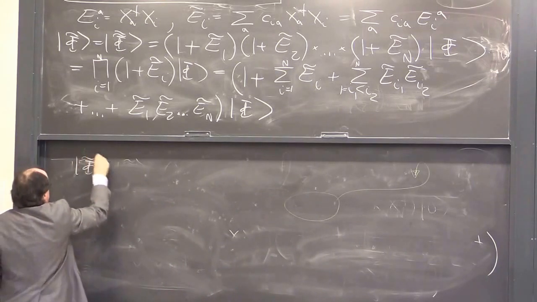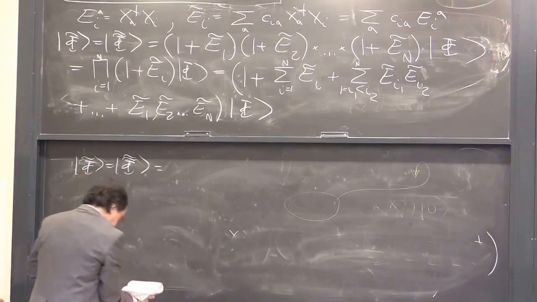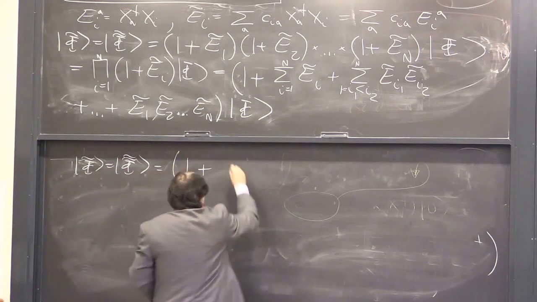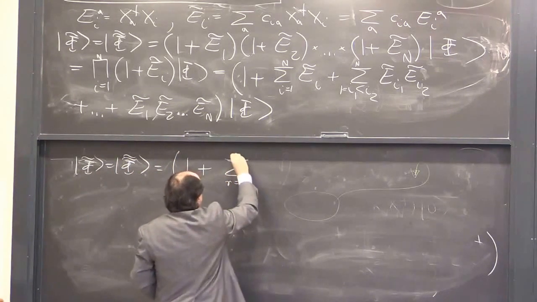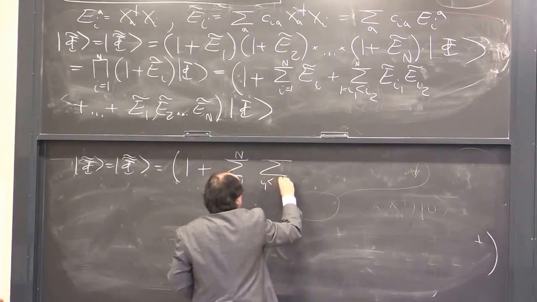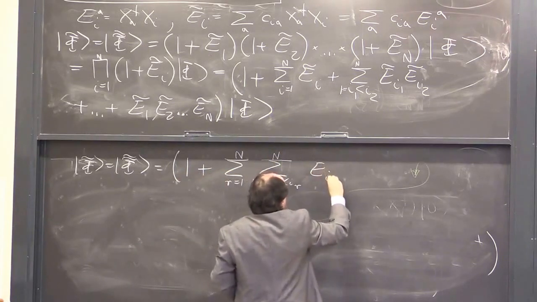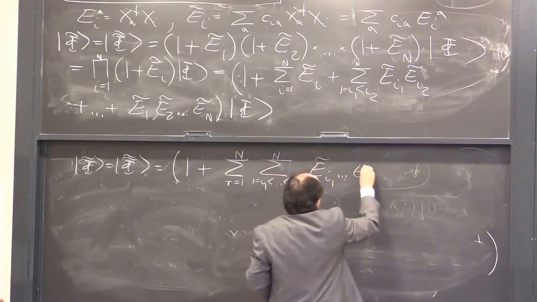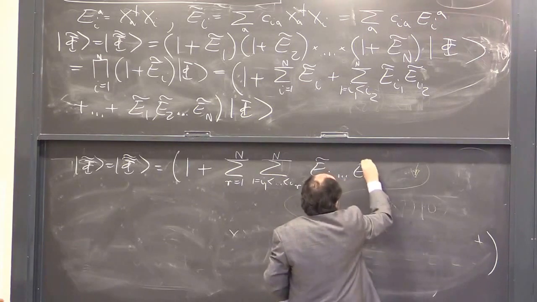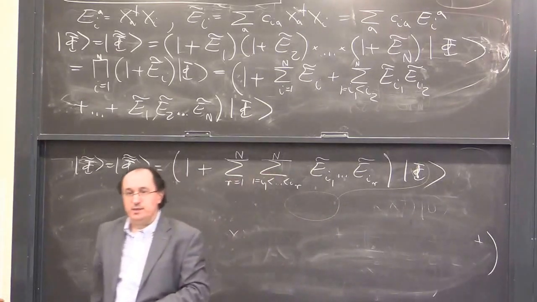Phi double tilde is the unit operator plus the sum over R from 1 to n, sum over indices i1 less than through iR, running from 1 to n, and then we have a product of R copies of operators E, or I should say E i1 tilde through E iR tilde, acting on the phi. That's what this equation really is.